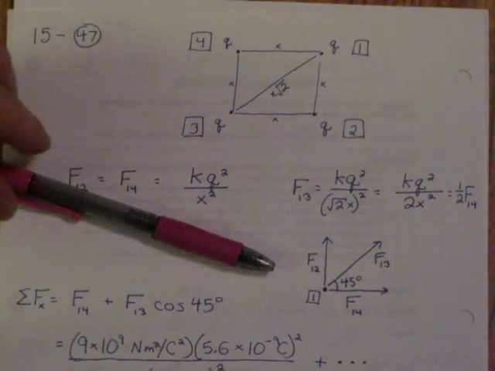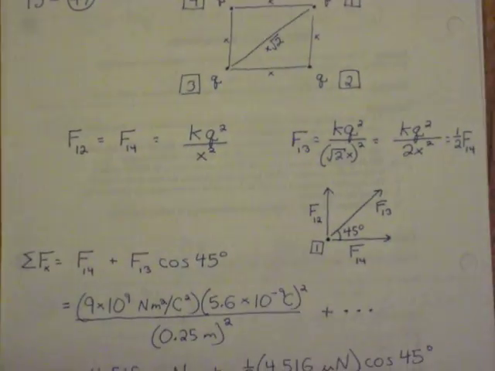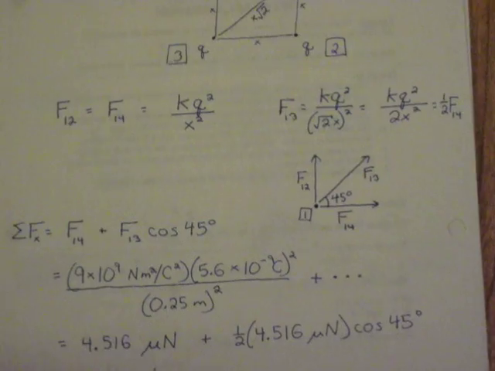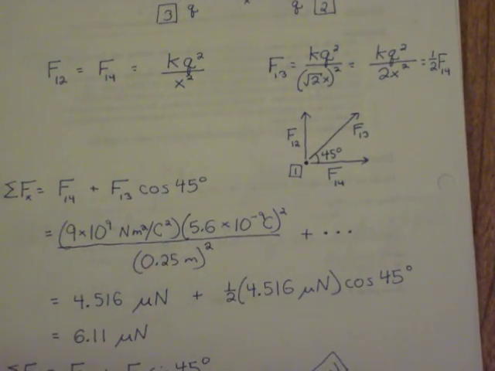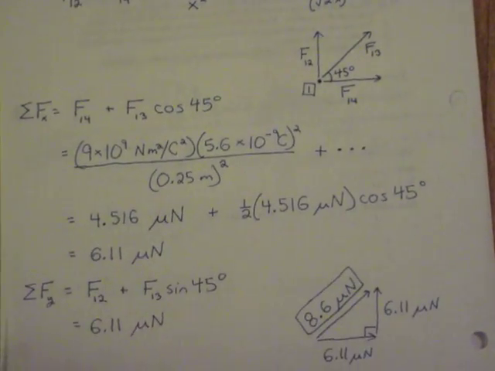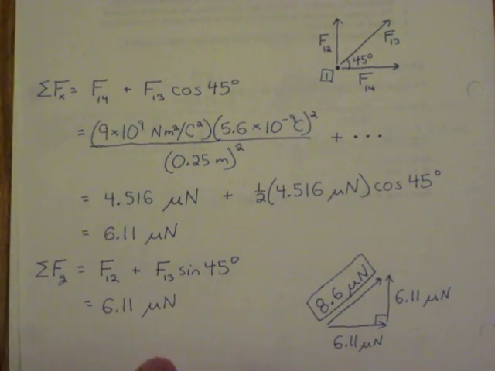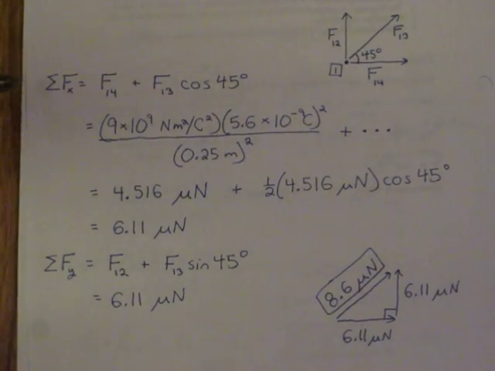Now, from that free body diagram, we have to break it down into vector components. So we have the sum of the x components is the force F14, which should really be F14 times the cosine of 0 degrees, but that just becomes 1, plus F13 times the cosine of 45 degrees.